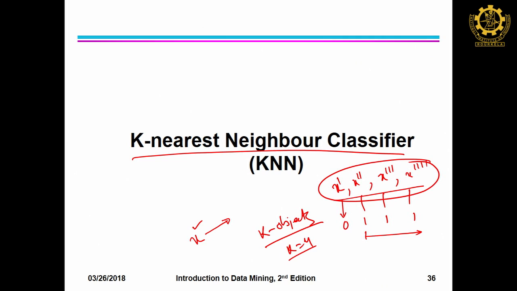If there is a tie, you can choose any one of them, or the classifier may be unable to identify the class label. That is another option. If it is 50-50, let the classifier decide whether it will assign a class label or say it cannot identify the class label.